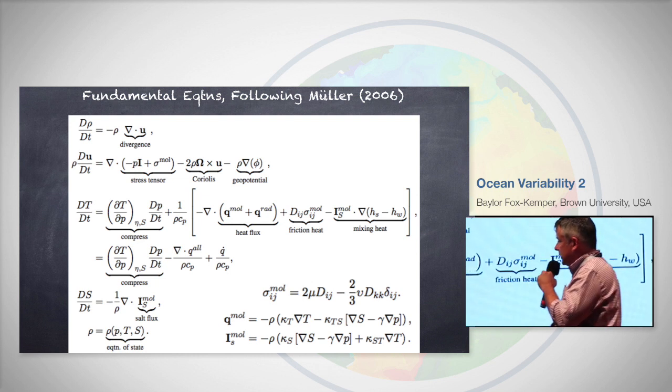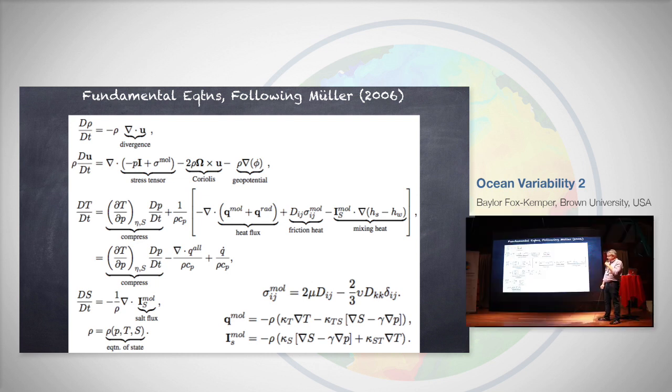Okay. So, do these look familiar? Sort of. Okay. Continuity. And I still have the divergence in here. This is compressible fluid dynamics at this stage. Momentum equation, three-dimensional momentum.